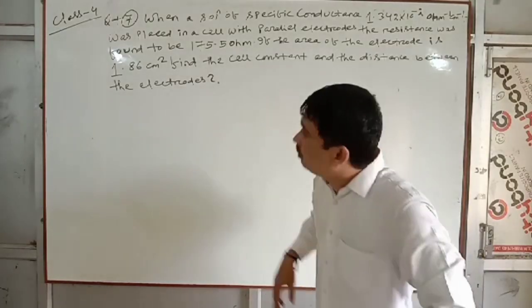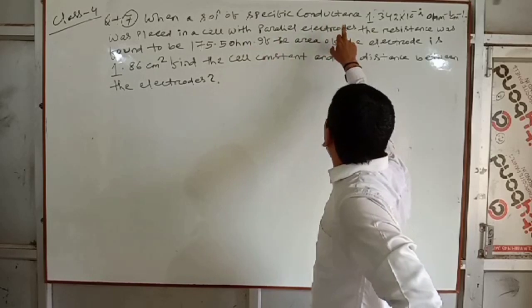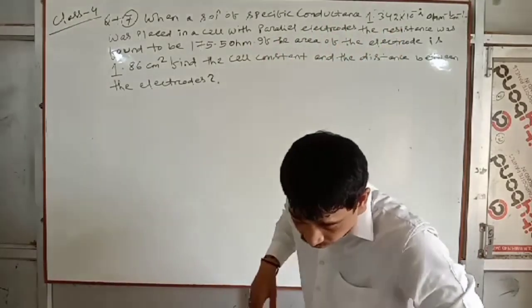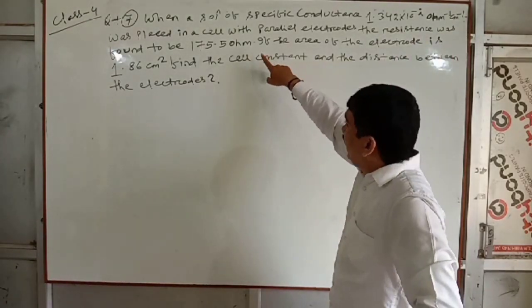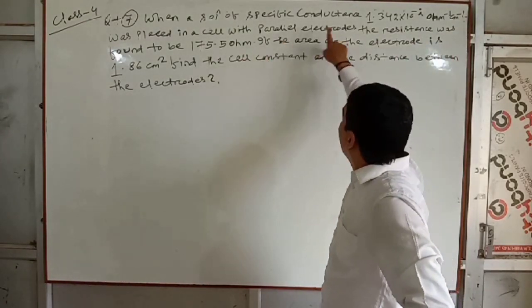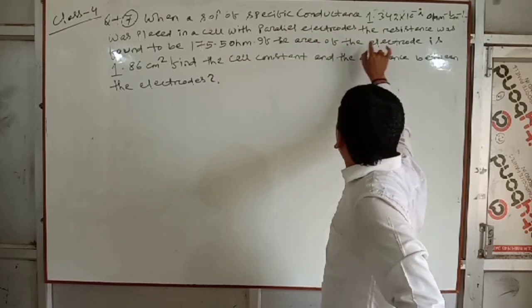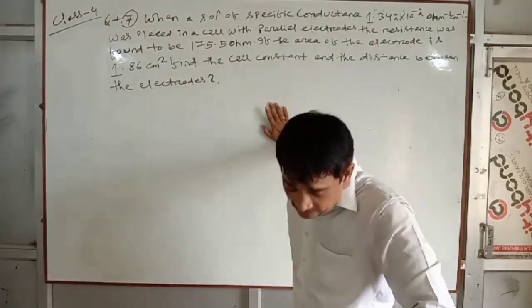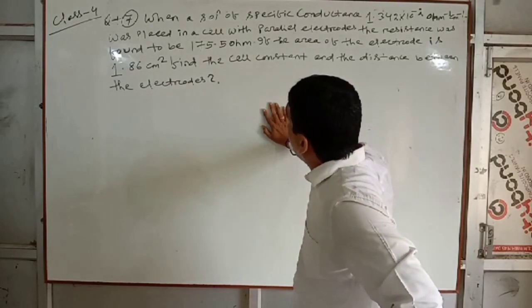Next, check this. When a solution of specific conductance 1.342 into 10 to the minus 2 ohm inverse centimeter inverse was placed in a cell with parallel electrodes, the resistance was found to be 175.5 ohm.